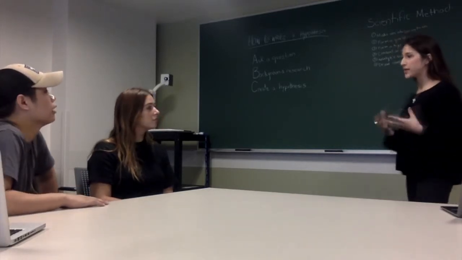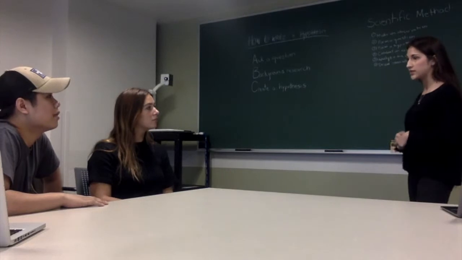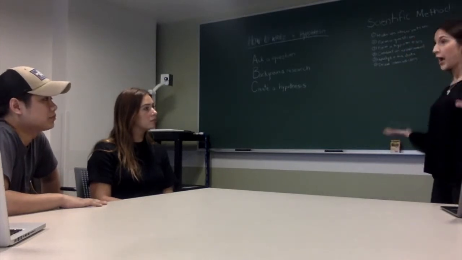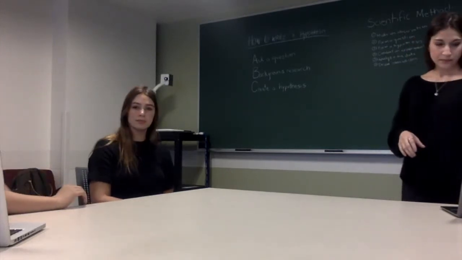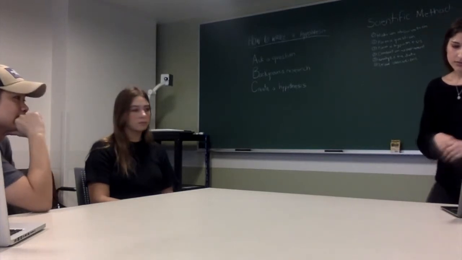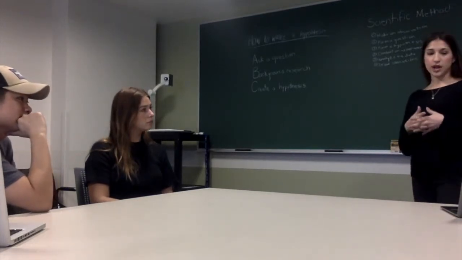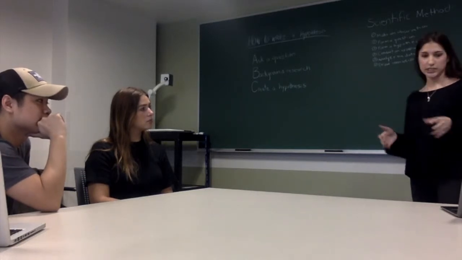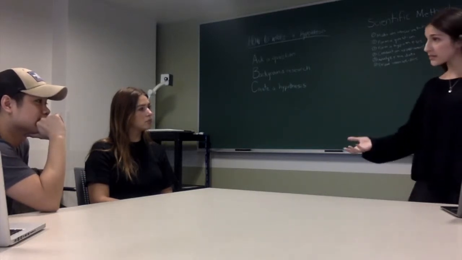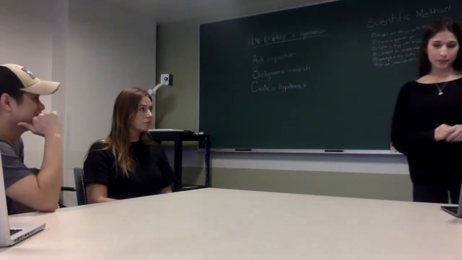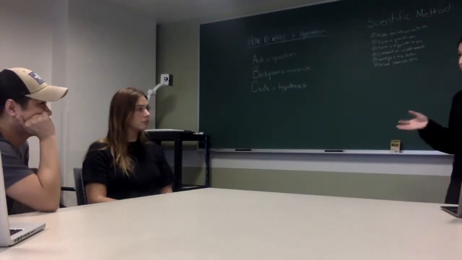So the hypothesis, as you can see, is a really big step in the scientific method, which is how you test things in science. So, your hypothesis essentially becomes the testable explanation in the experiment. Does that make sense? Cool.